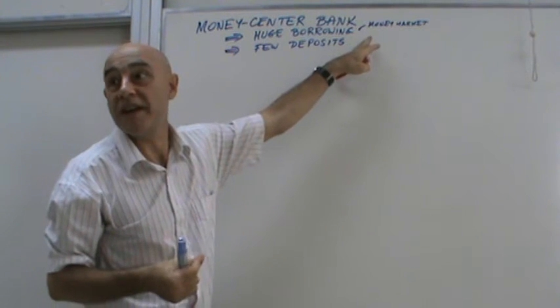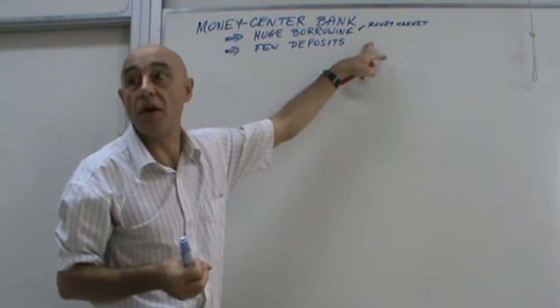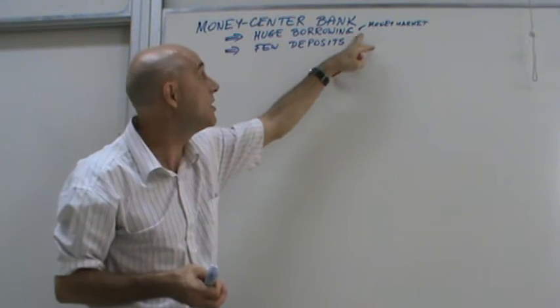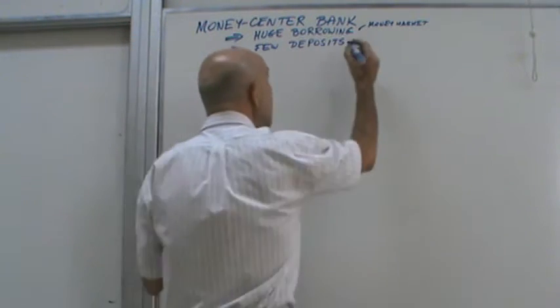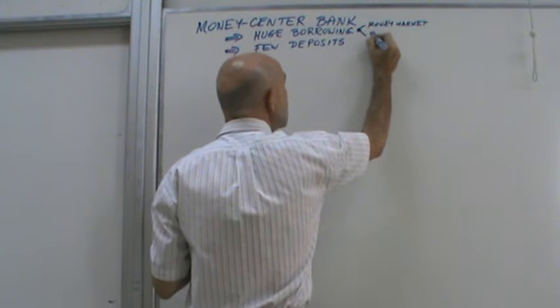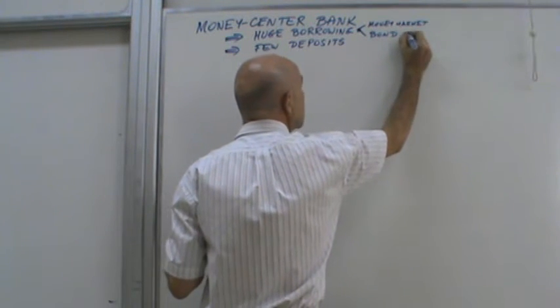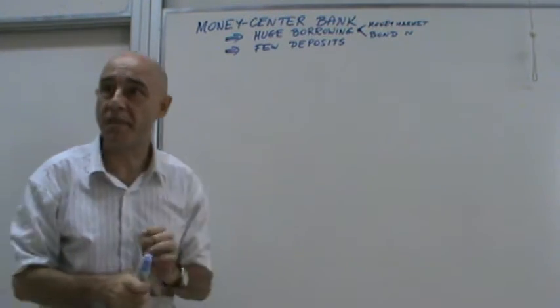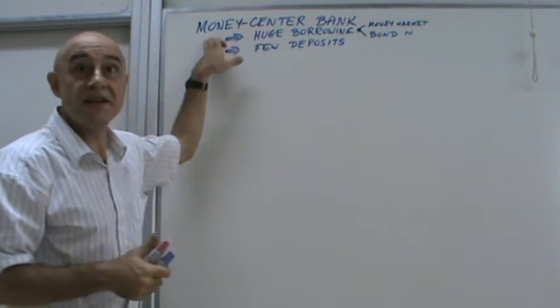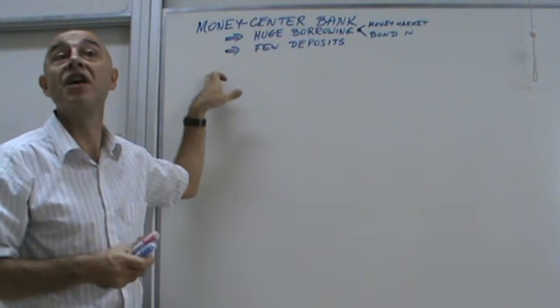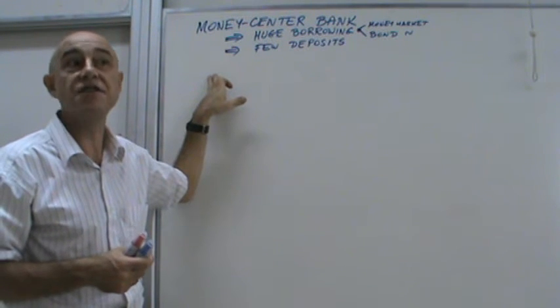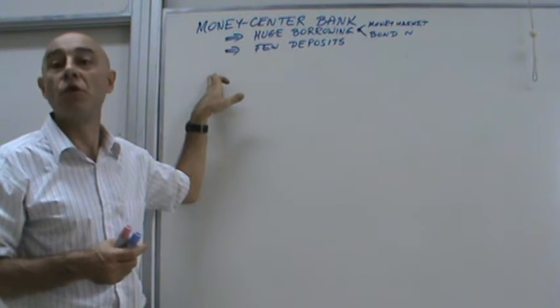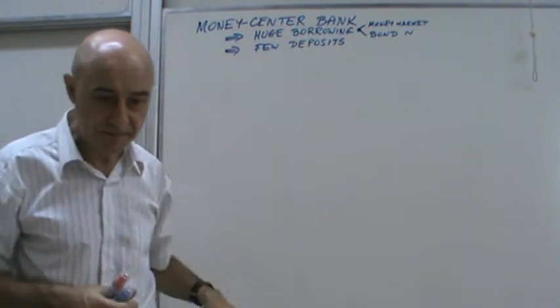So probably 80 or 90% of their obligations, whatever is not capital, is borrowed on the money market, and the rest will be borrowed on the bond market. So that's a money center bank. Well, money center banks will be the biggest players in the forex market.